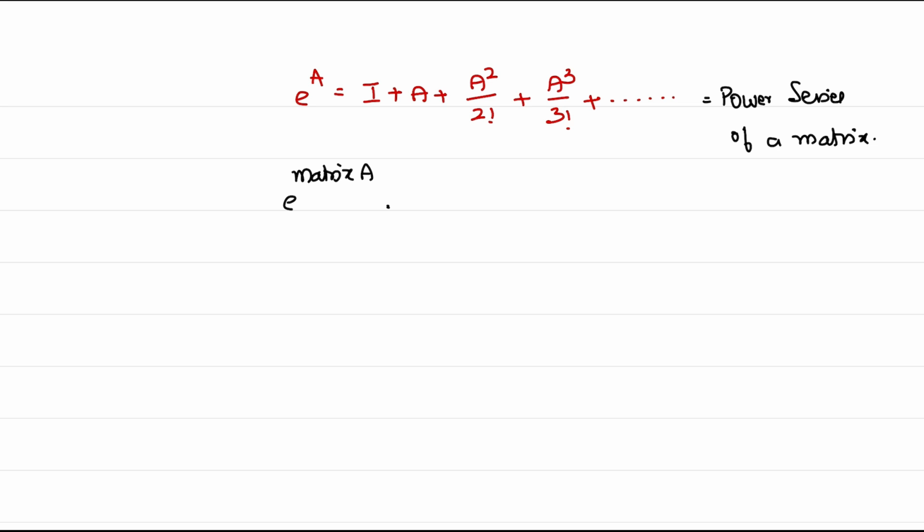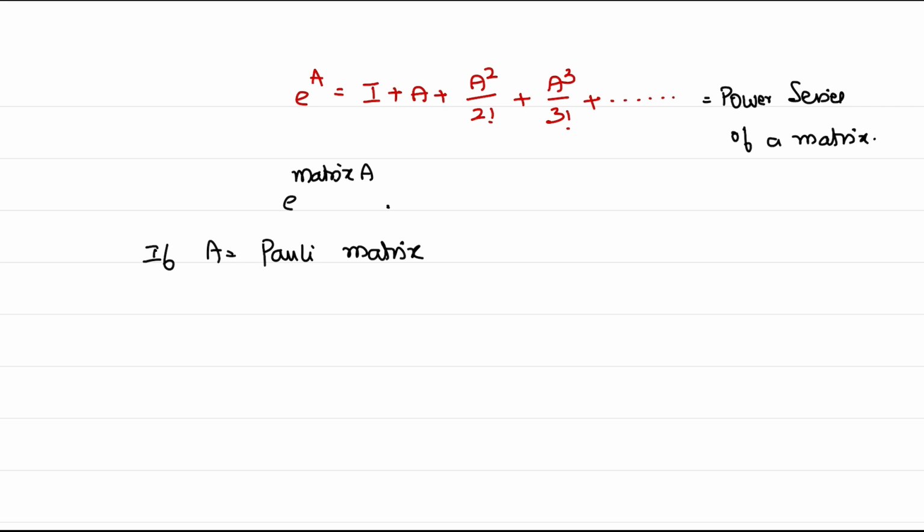Then if A is equal to Pauli matrix, I have already explained the Pauli matrix in one of my lectures. It is a very important matrix as far as quantum mechanics and modern physics are concerned.